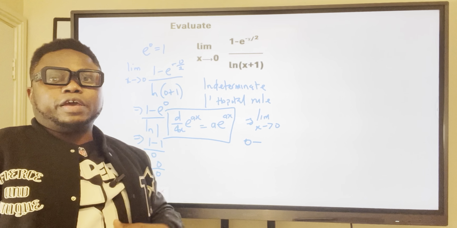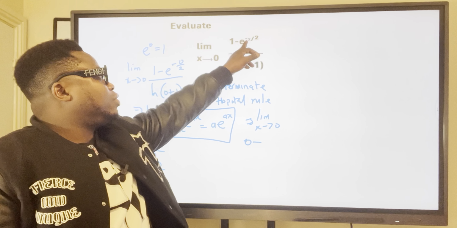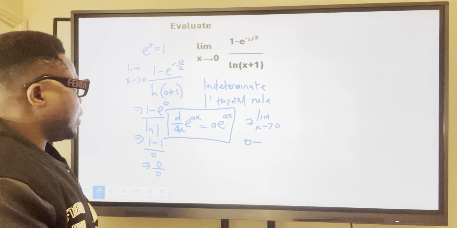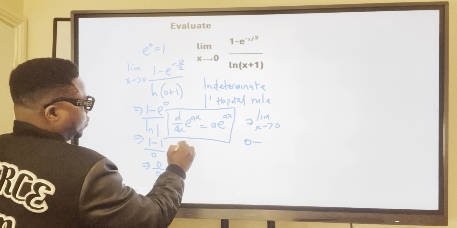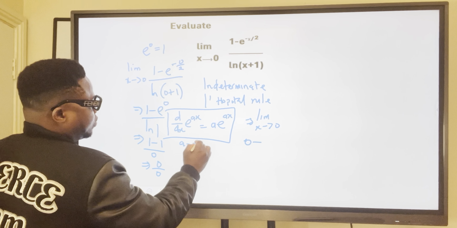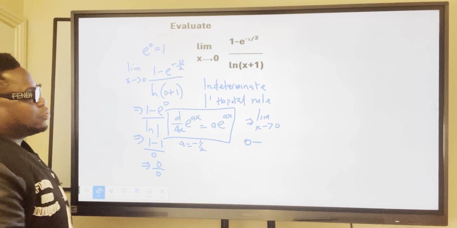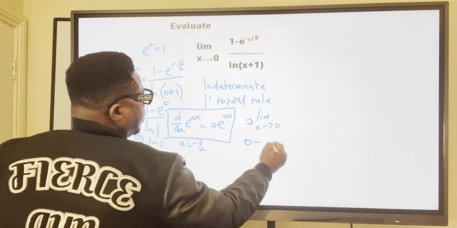So the coefficient of x there is minus 1 over 2. So I'm going to apply this formula here, whereby a will be equal to minus 1 over 2.